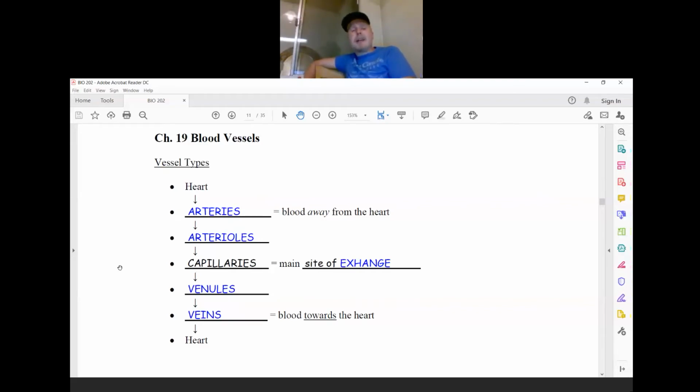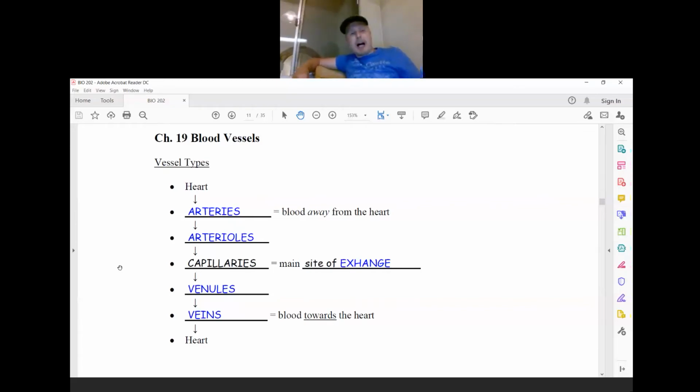These are the main site of gas exchange. Another thing to note with the capillaries is that we have to have a very low blood pressure at the capillaries because they are weak, because they're so thin. If there's high blood pressure, that ends up breaking the walls of the capillaries, and we don't want to do that. That would not be good.